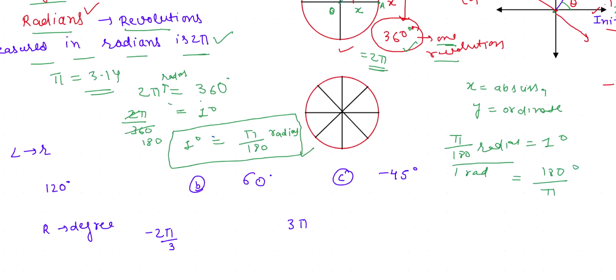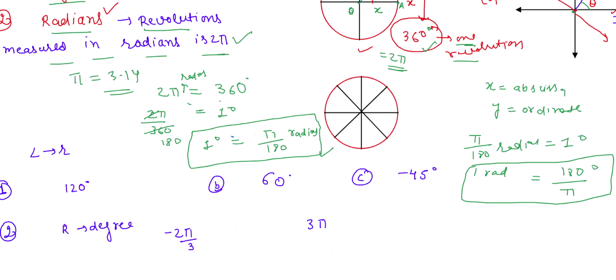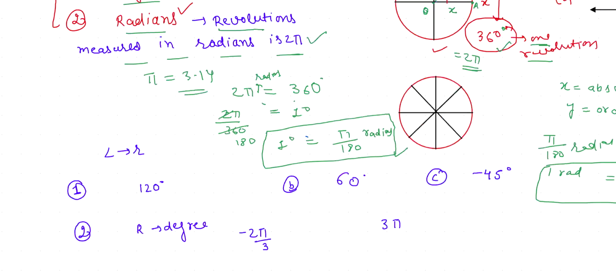So by this, you can convert degrees into radians and radians into degrees. So this is a method by which we measure the angle, both in degrees and radians. Clear?